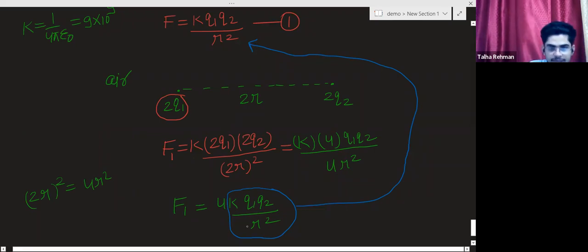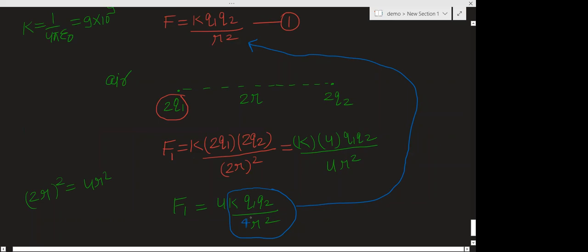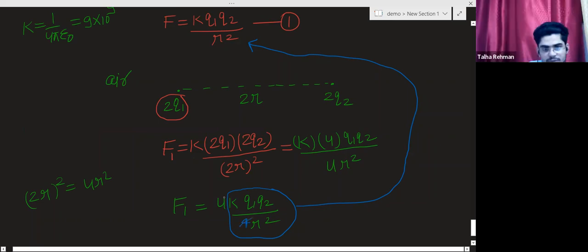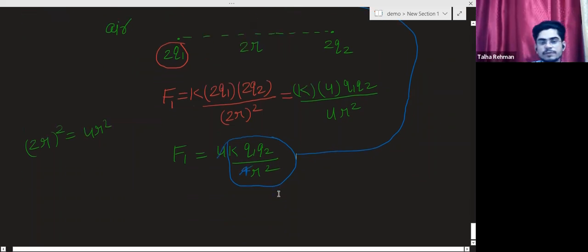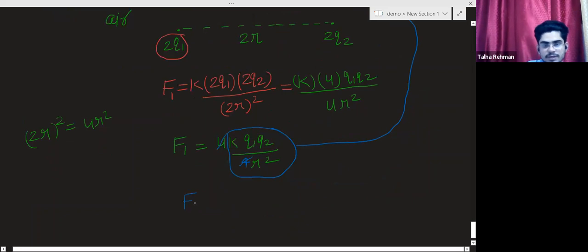Sorry, here 4 will also come. This is 2 twos are 4, R square, so it will be 4R square. And this 4 and 4 will be cancelled out. So F1 will become K Q1 Q2 by R square.